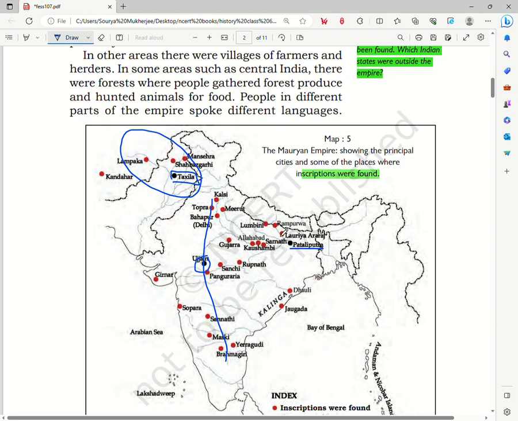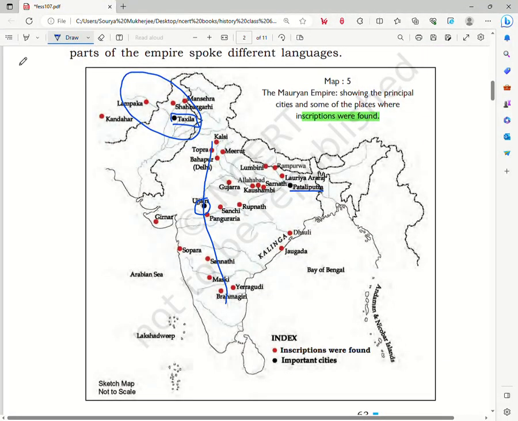Also guys, if we look at the map, we will see that the Ashokan inscriptions have been found all over India and even in Pakistan and Afghanistan. This is quite significant, that the vast extent of these inscriptions basically tells us the extent of the empire or the area of influence that Ashoka controlled.